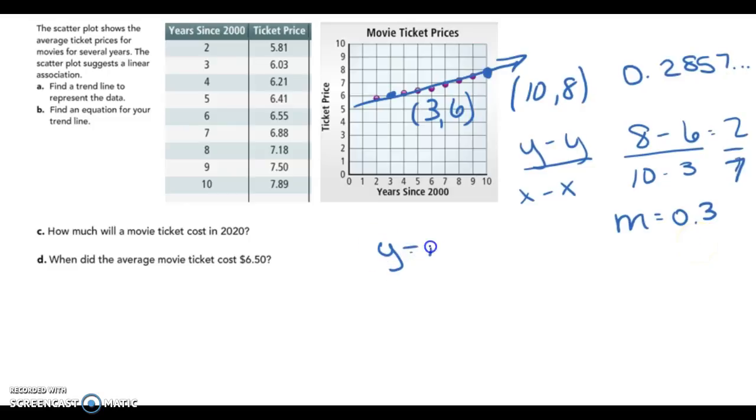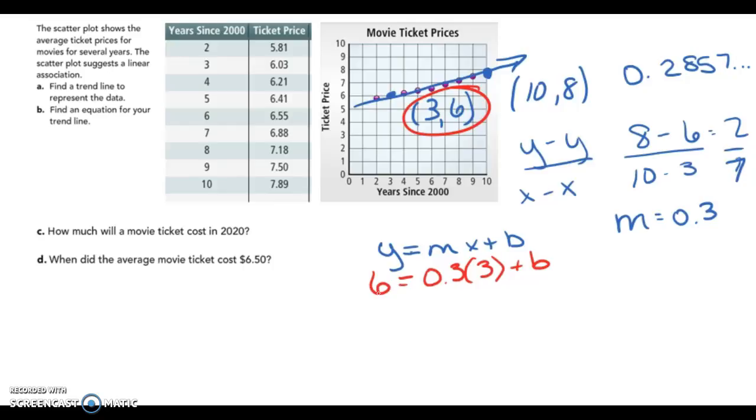Then I'm going to go ahead and plug in. And as I'm plugging in, I'm going to plug in for my m, which is 0.3. Second, let's make that a little thicker. And then I'm going to use this (3, 6). So 3 is the x. I don't know the b, but I want it to equal 6.